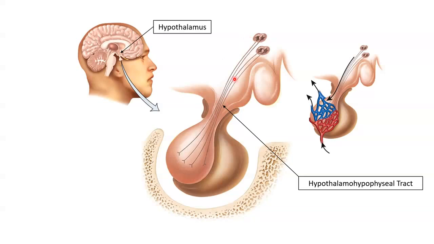They move into these neurons, go down the axon, and are stored in those axon terminals until a nerve impulse triggers exocytosis, and those hormones are released. So, anterior pituitary gland connected by blood to the hypothalamus. Our posterior pituitary gland doesn't produce any of its own hormones, but it's connected to the hypothalamus via a nerve system.